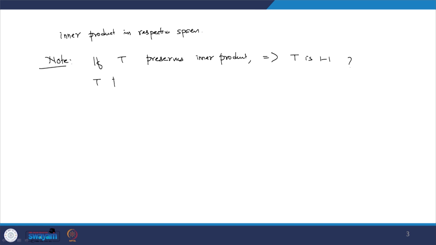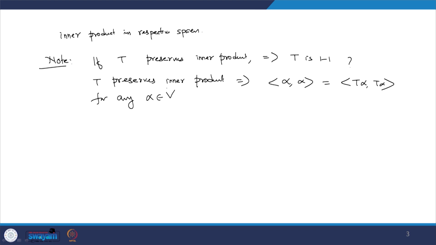T preserves inner product implies that inner product of alpha, alpha will be equal to inner product of T alpha, T alpha for any alpha belonging to V. So, this implies norm of alpha squared will be equal to norm of T alpha squared.